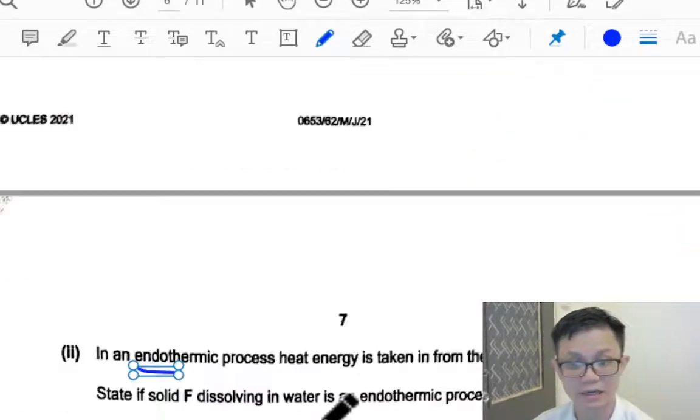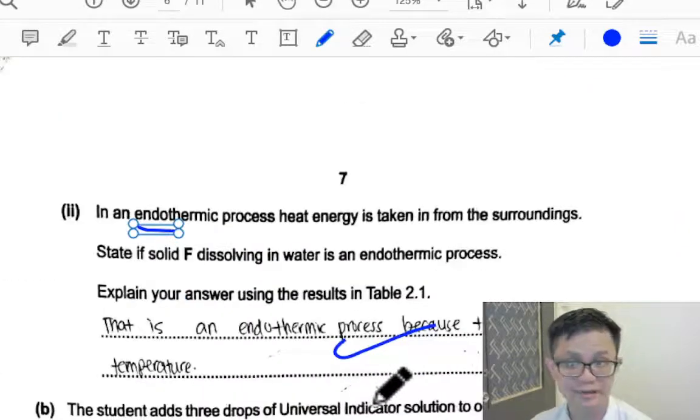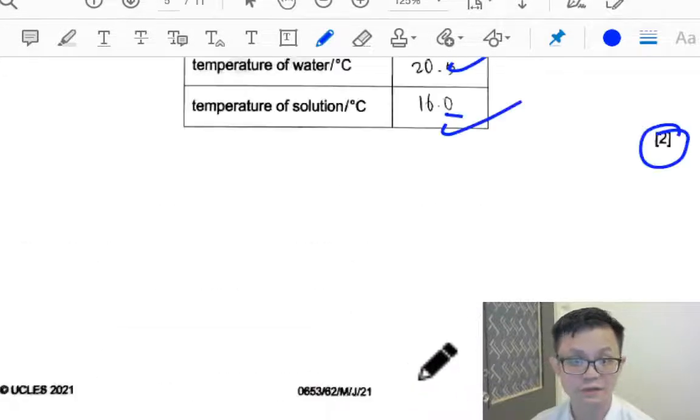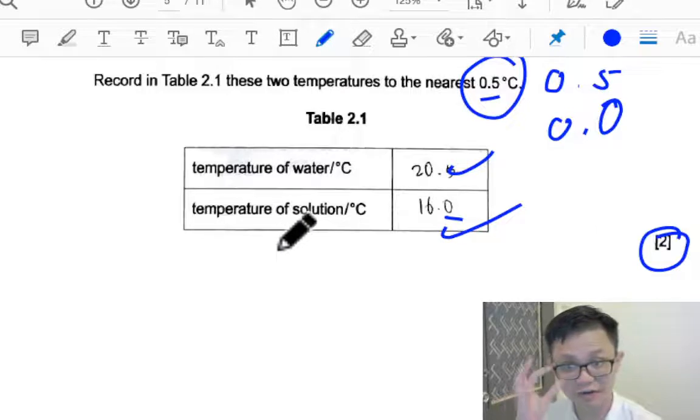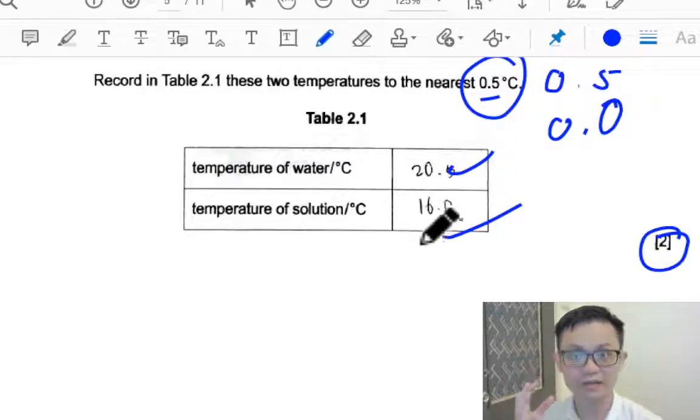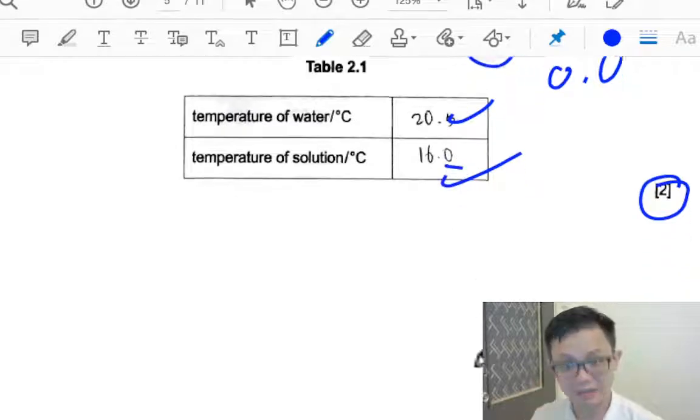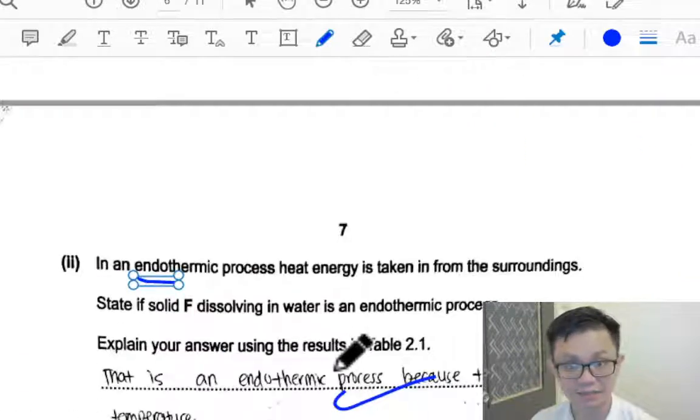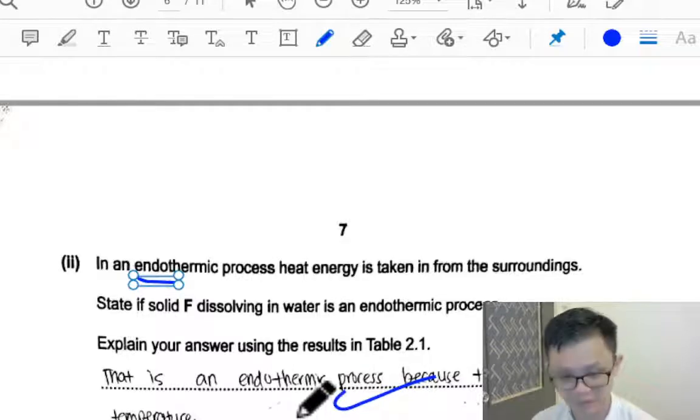Another one is because heat is being absorbed. Heat is being absorbed in an endothermic process, but we cannot see from this table that heat is being absorbed. But we can see that the temperature decreases, showing that heat is being absorbed. Okay, so this is an endothermic process because there is a decrease in temperature.